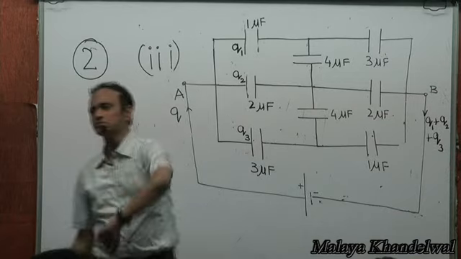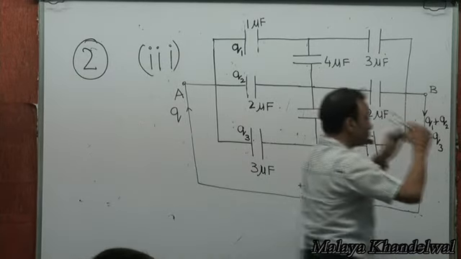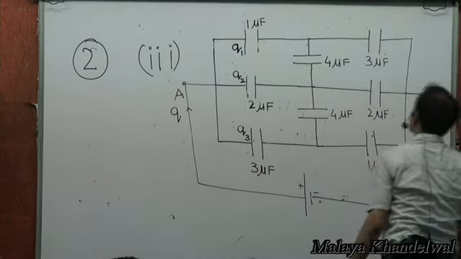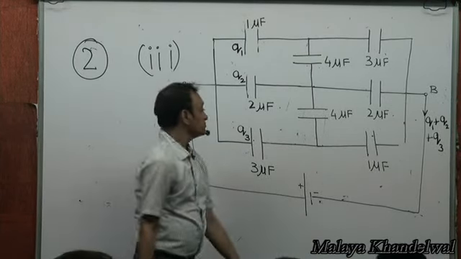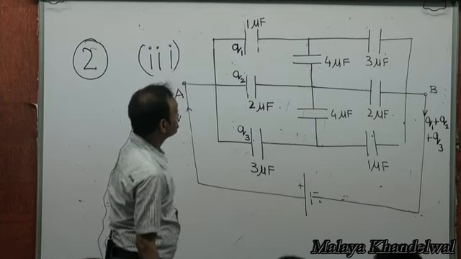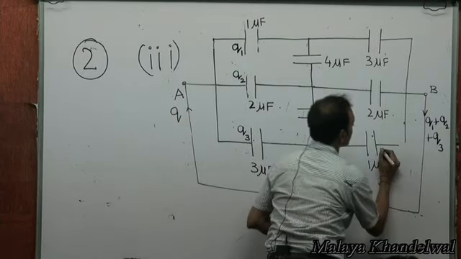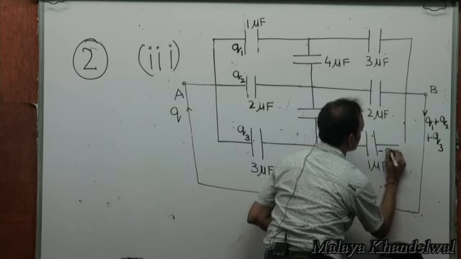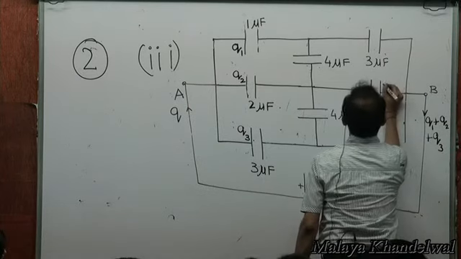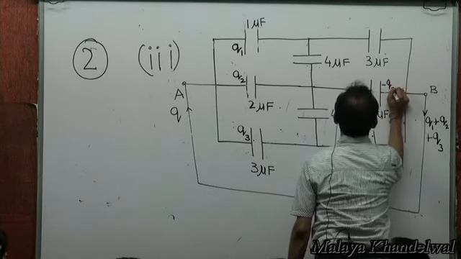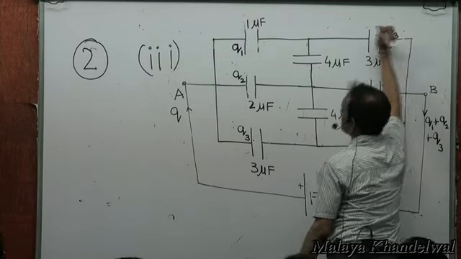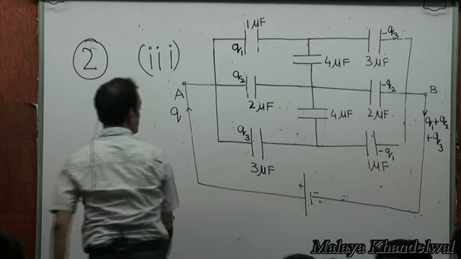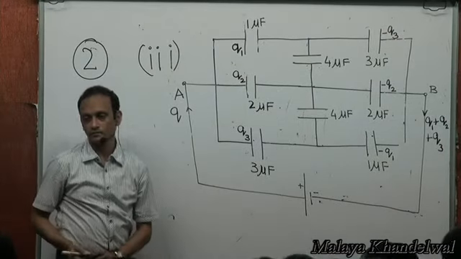Now I make a statement and see if you find sense in that. I claim that this will be minus Q1, I claim that this will be minus Q2, and I claim that this will be minus Q3. I claim this.